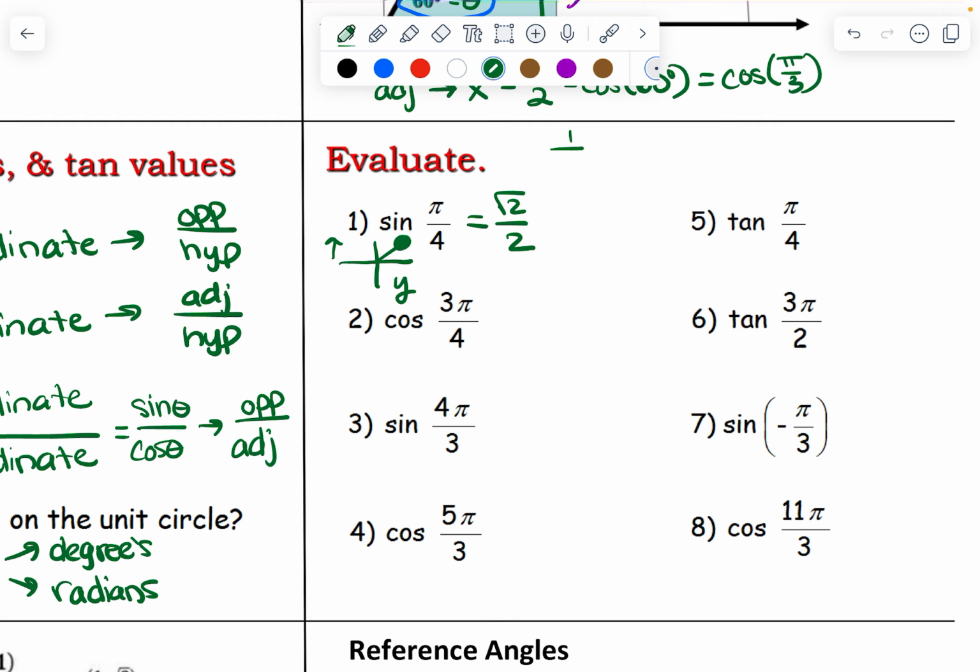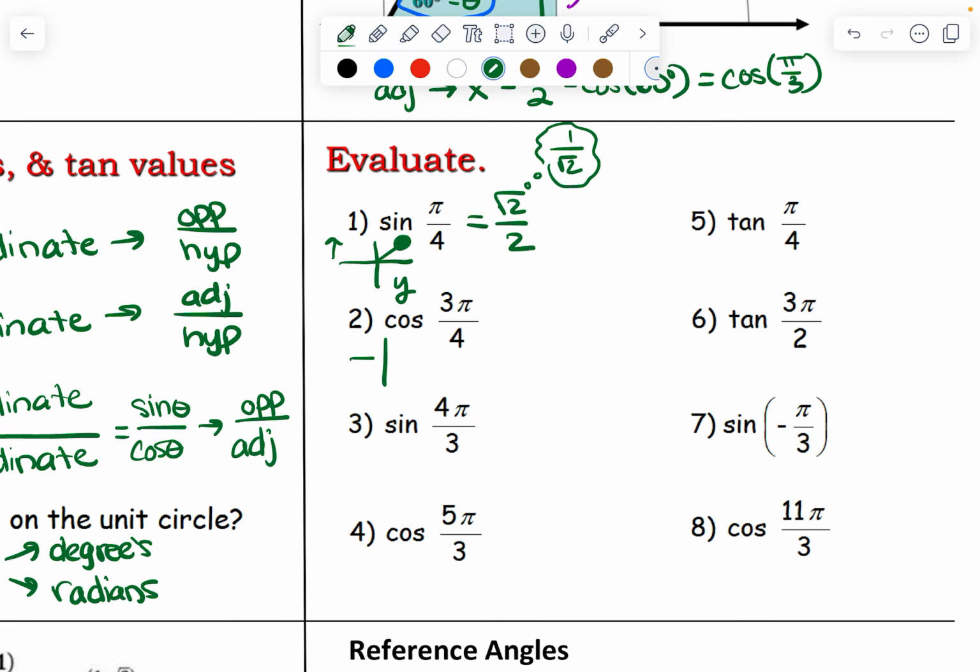You can also use 1 over root 2. They are equivalent, right? But for the sake of consistency, so that all of my coordinates have a denominator of 2, I will use root 2 over 2. Sometimes you'll see me use 1 over root 2. If you have me in calculus, I'll use 1 over root 2 because it's fewer values to work with, but in this course, we'll work with the consistency.